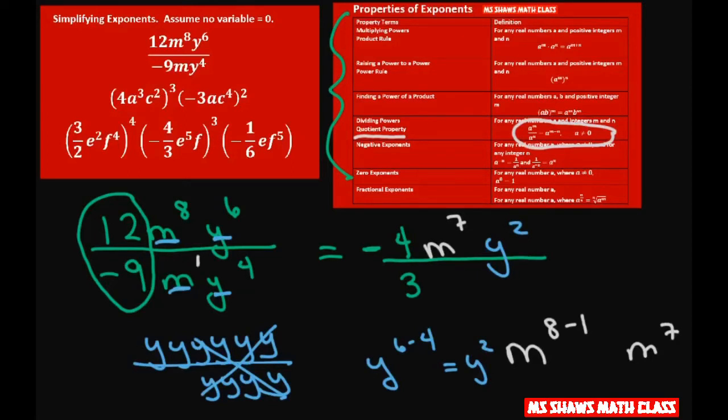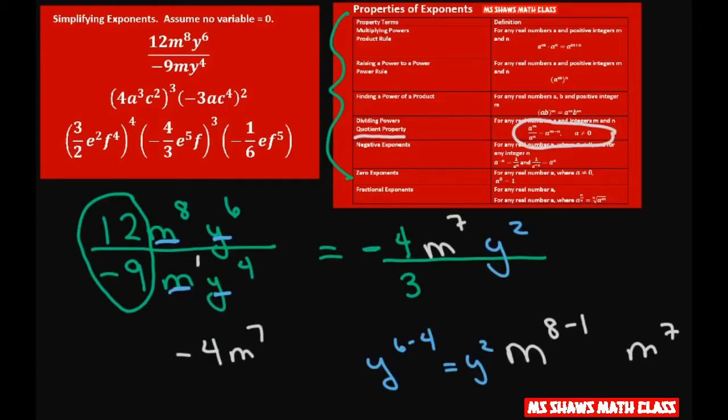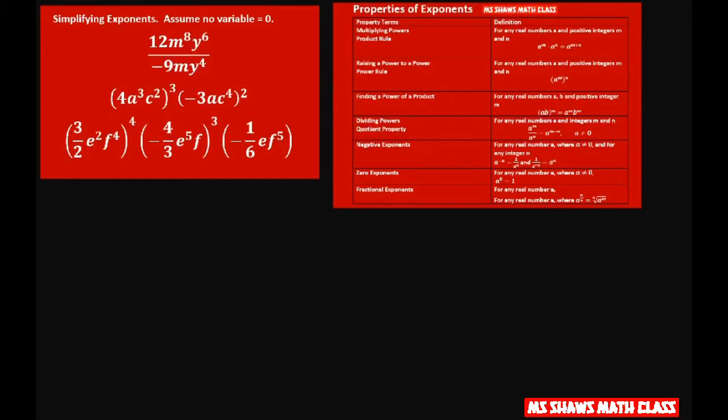So that's it for that. You might want to write it a little better. Negative 4m to the 7th, y squared, all divided by 3. Looks a little better that way. And that's it for that one. Let's go to the next one.